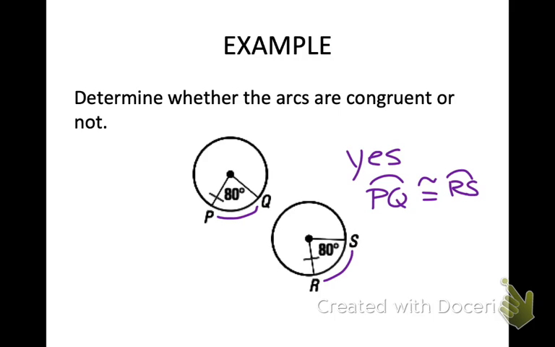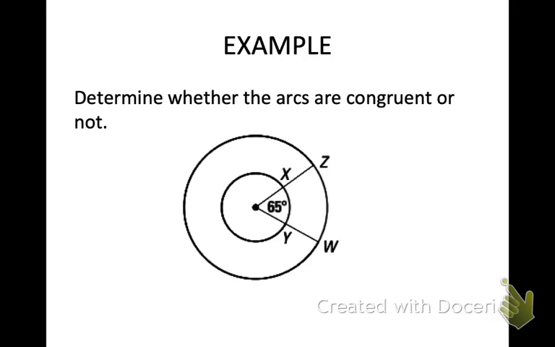And then the last one, do I have congruent circles? No, definitely not. This circle definitely looks smaller than that circle, doesn't it? So I would say no. Not congruent. Okay, so questions with any of that?